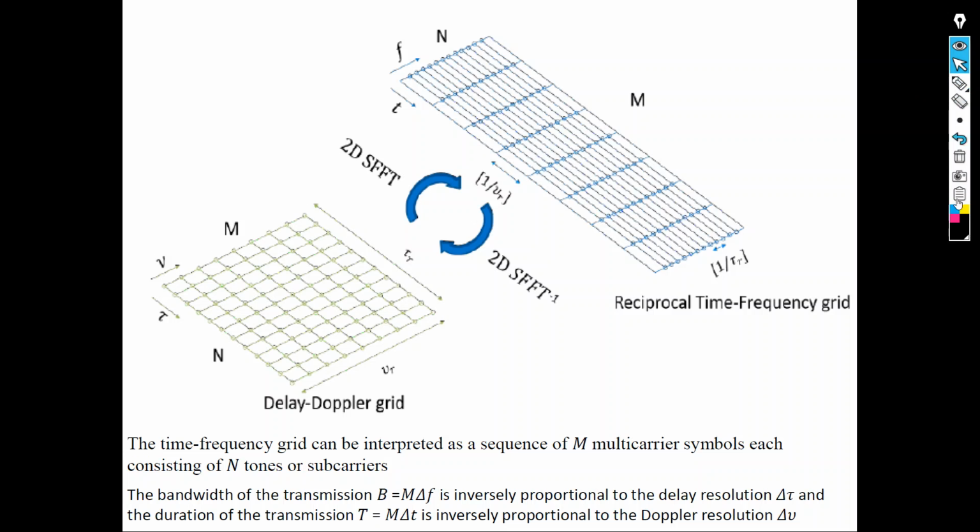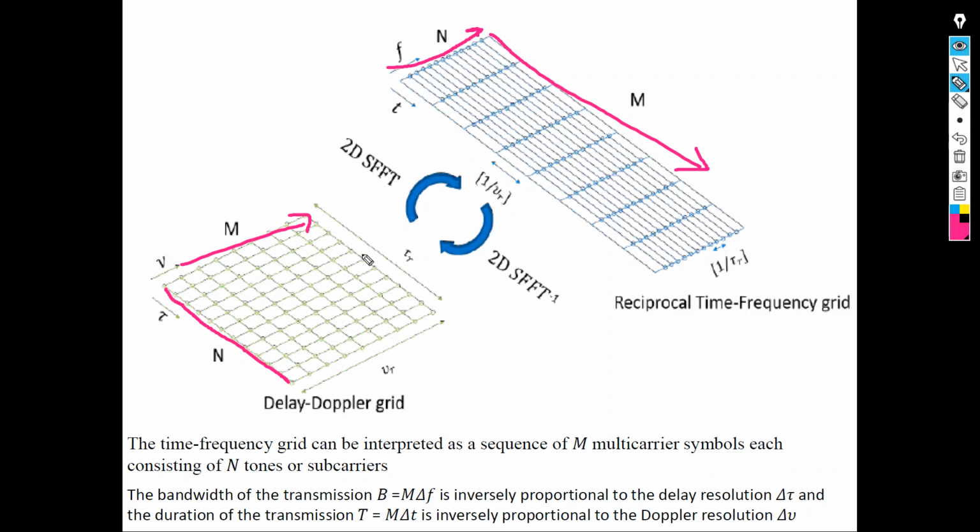This line here, are you with me, this line along N goes to the one along F in the time frequency domain, and this along nu goes along N here. So this is the relationship between them.